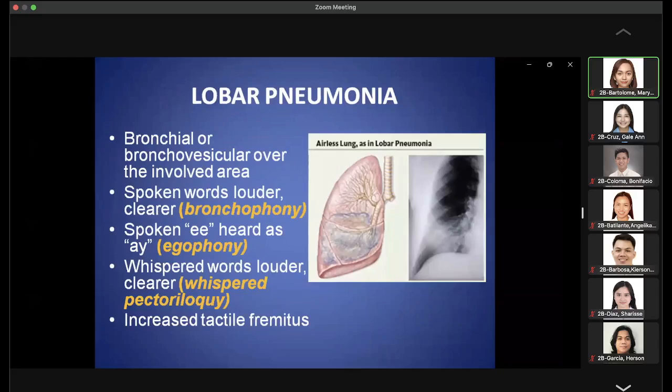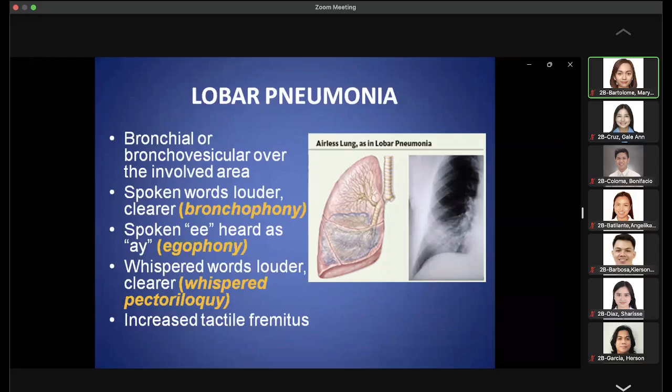How about in a case of a lobar pneumonia, where there is a large collection of sputum, or mucus or infection in a part of a lung? What are your expected findings? Instead of vesicular breath sounds, you now appreciate a bronchial or bronchovesicular sound over the involved area. On bronchophony, the spoken words are louder and clearer.